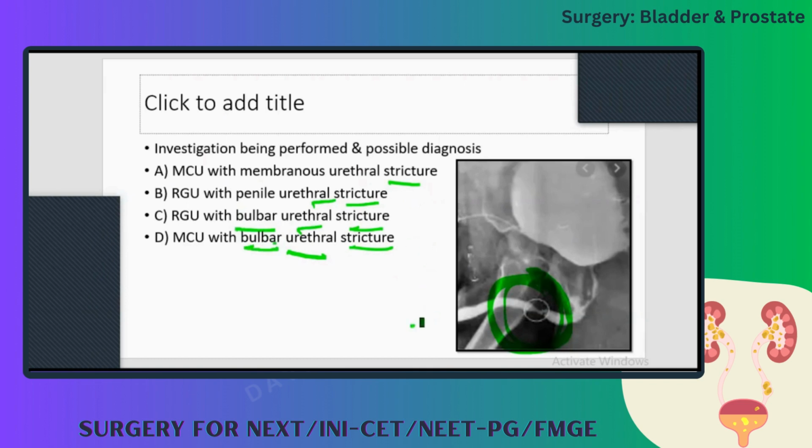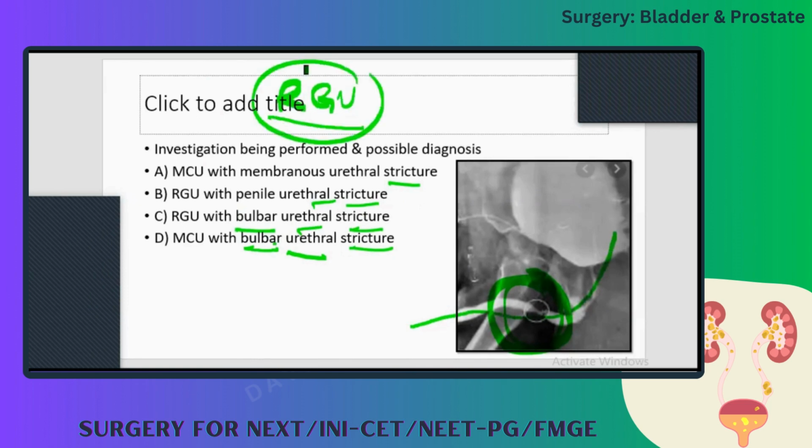He is giving contrast from below into the bladder, so it is a retrograde urethrogram with MCU, showing a bulbar stricture. Actually, in the question there is a difference; from here also there is a tube, but don't worry about this.